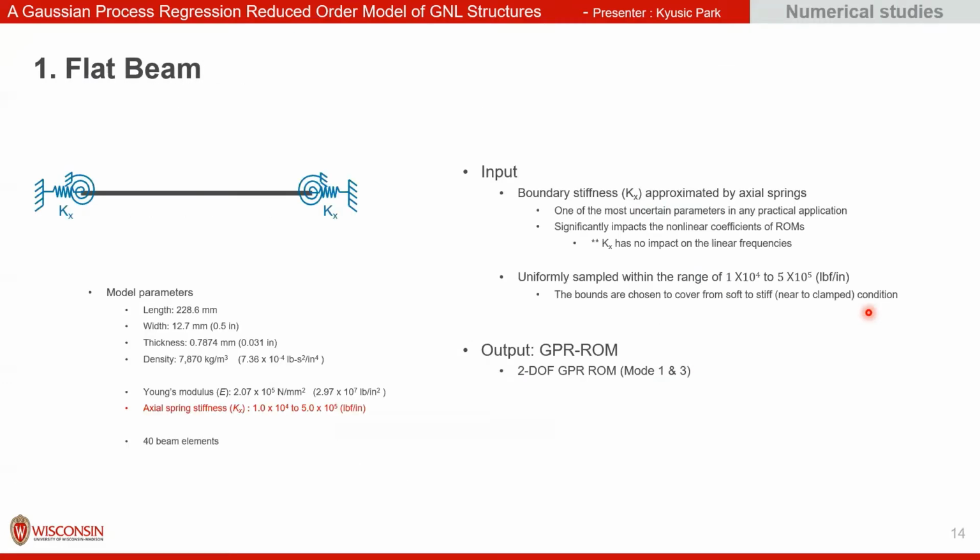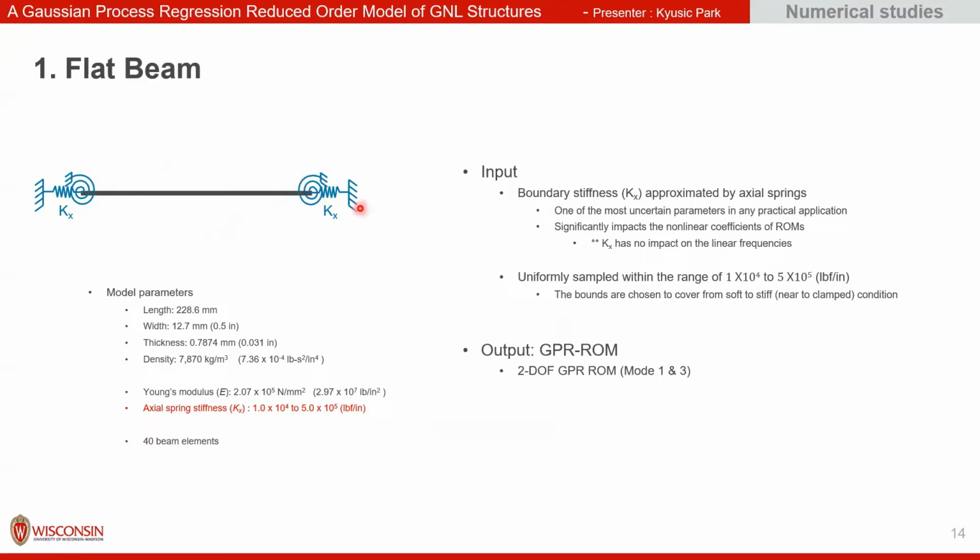In this work, the GPR ROM approach was tested on two thin beam structures that are well known to exhibit geometric nonlinearity. The GPR ROM was first applied to a flat beam model, which has been studied in many prior works.